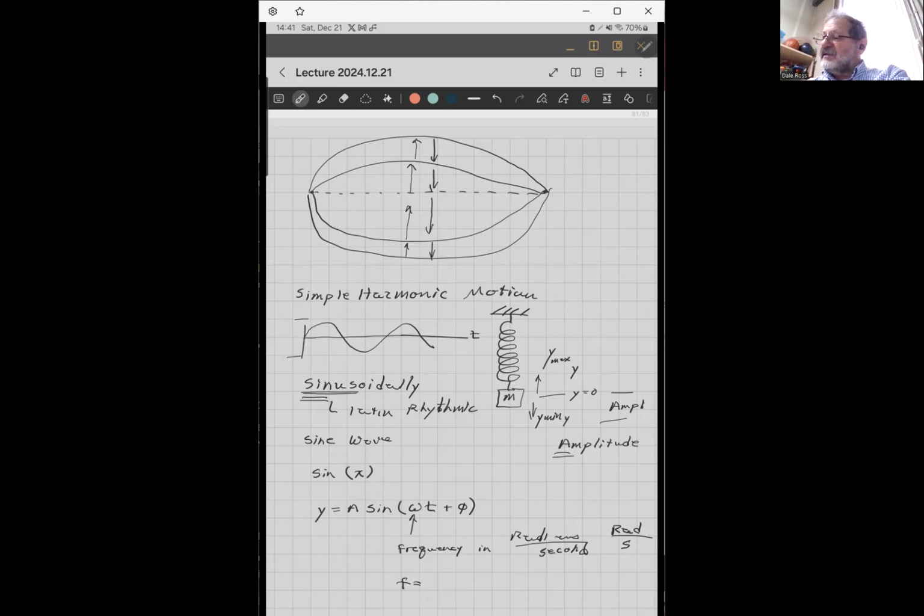All we have to do is simply say whatever that is in 2 pi. So that means that omega is equal to 2 pi f. And of course, the timing of this thing will be 1 over f, or equal to 2 pi over omega. Sorry, let's erase that.